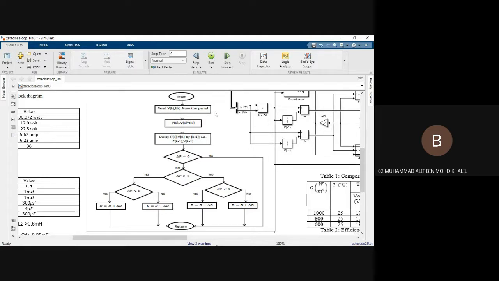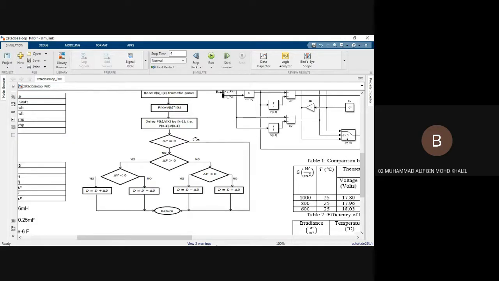From the voltage and the current, we're gonna get the PV power, the power output for the PV, and then we set the delay. So we're gonna get the P(k-1) and V(k-1), which is from the iteration before it.